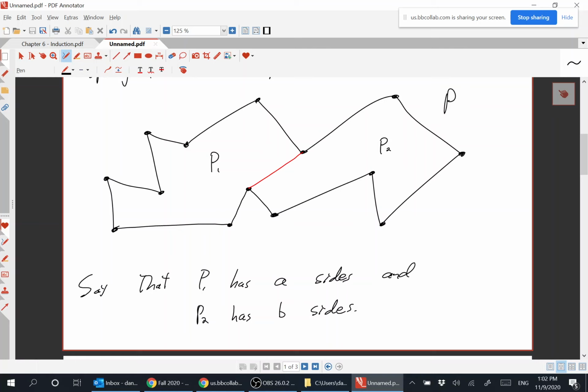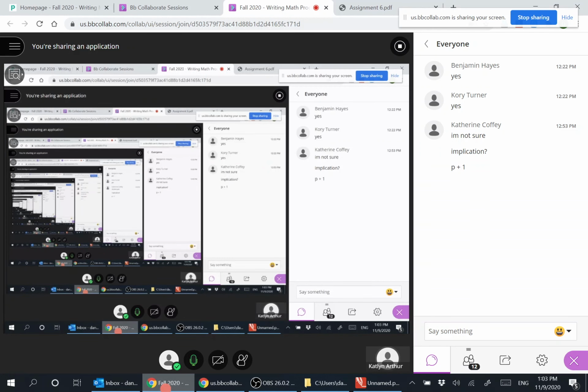So if I add A and B, I get what? The number of sides of P or something else? How many times did we count the red side?